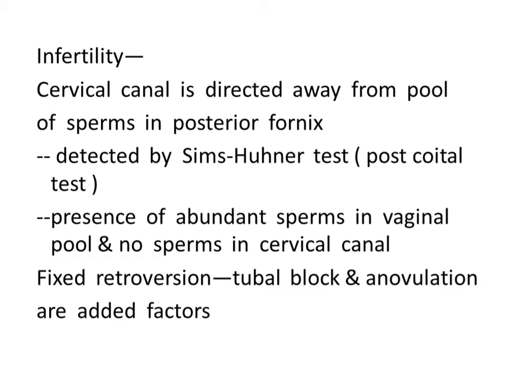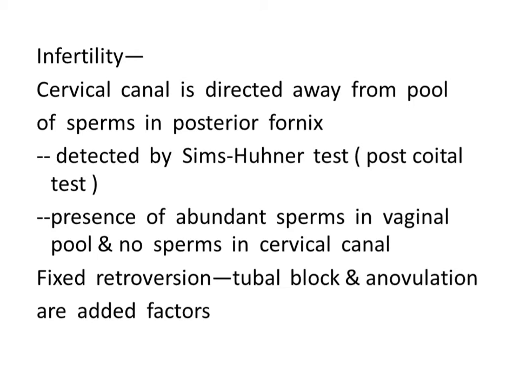Normally, in an anteverted uterus, the cervical os is directed towards the posterior fornix. So the sperms gain entry into the cervical os, into the cervical canal, and then ascend along the uterine canal to the tubal ostia and go to the fallopian tubes. There in the fallopian tube, the ovum reaches and fertilization occurs. This is what occurs normally.